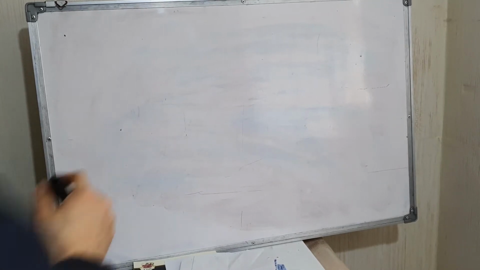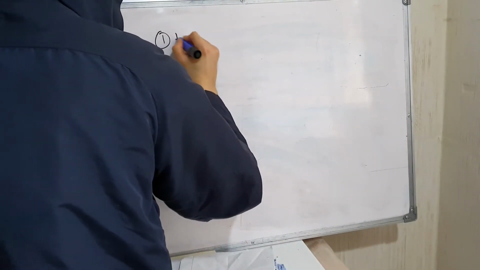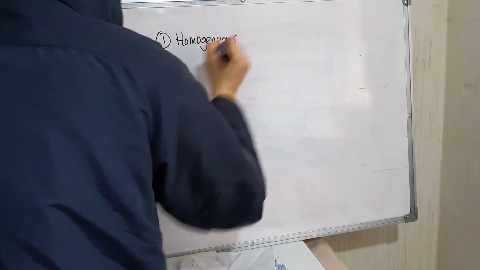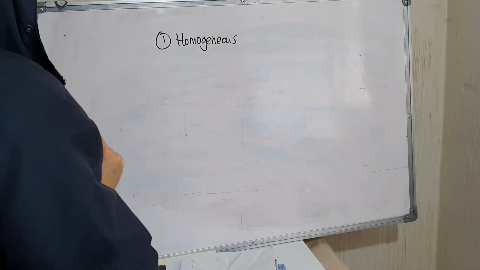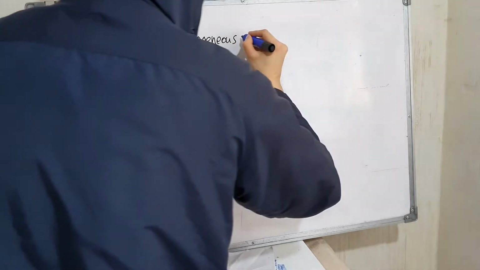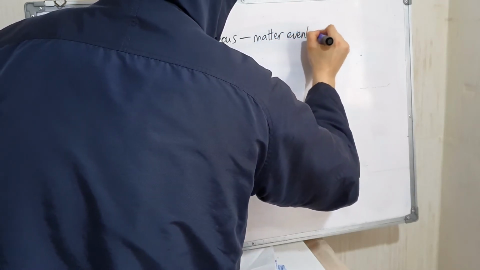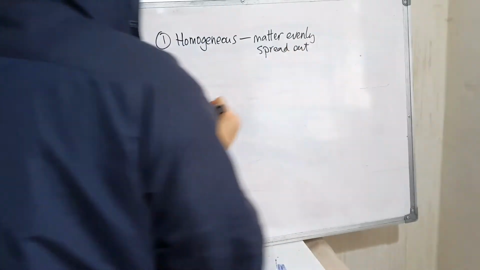For today's lesson, we're going to be talking about some key terms that are used in cosmology or astrophysics. Okay, so homogeneous means that the matter in the universe is evenly distributed, or evenly spread out.